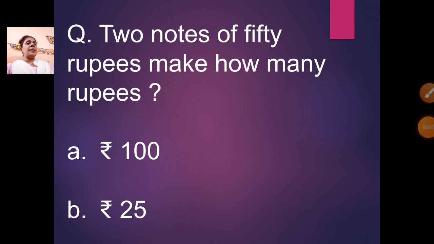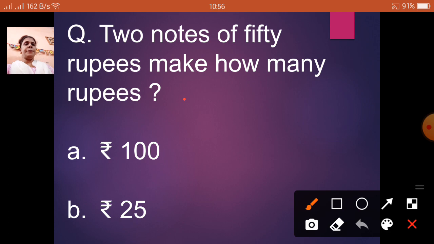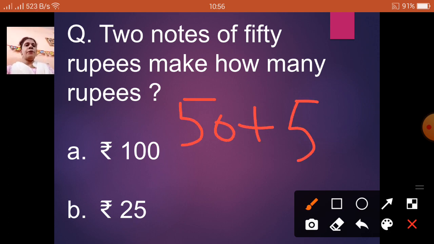Now we'll calculate and see. 50 rupees plus 50 rupees will be how much, children? 5 plus 5 is 10, correct.